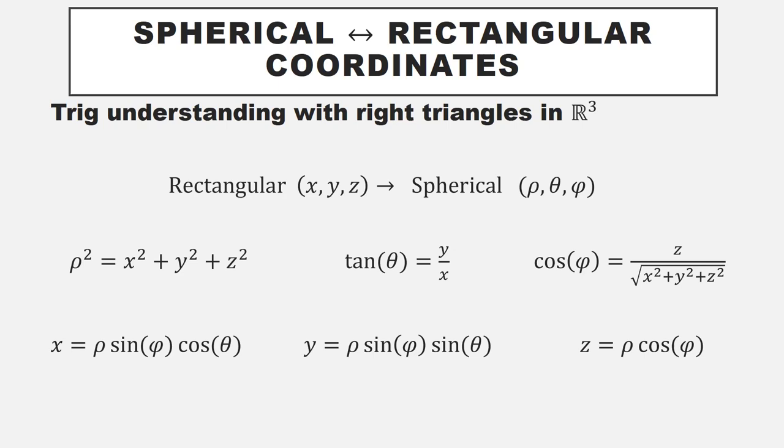And then z is going to be rho times cosine of phi. By the way, this is the same equation as this one. Remember, this is z over rho is equal to cosine of phi. If I just divided both sides by rho, I'd get that exact same equation. So if we want to go from rectangular to spherical, I can use these three. If I want to go from spherical to rectangular, I can use these three.